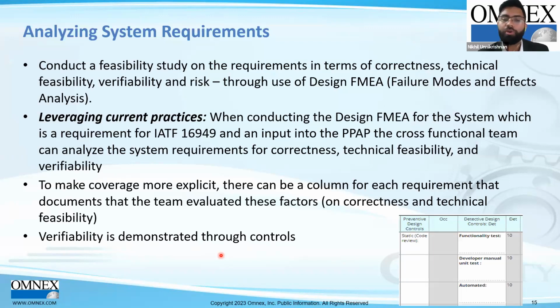Now, talking about correctness and technical feasibility, that's something that is typically analyzed as part of DFMEA itself, but some organizations choose to make it a little bit more explicit, where you could even get a sign off from the requirements analysis team against those individual functions and requirements, confirming that the analysis on correctness and technical feasibility has in fact been performed, and that there is an explicit record capturing that those individual requirements are stated to be feasible and are correct in the way they have been defined.